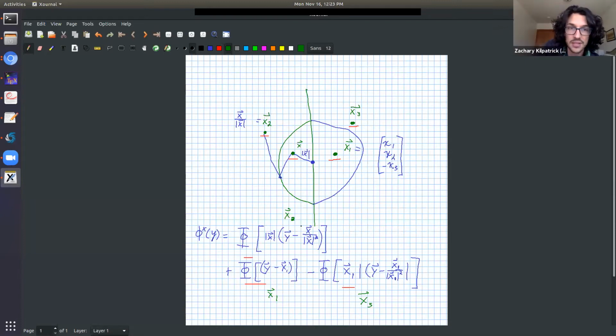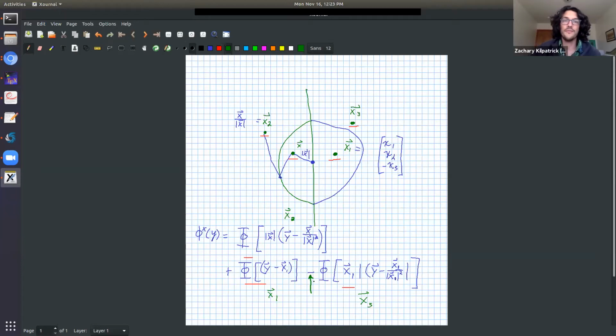The reason you have this minus sign here, as Kyle was saying, is that you're reflecting outside the half space and then outside the ball again. Each time you reflect, you pick up a minus sign, so when you feed this back into your Green's function, this last part is going to be a plus sign.